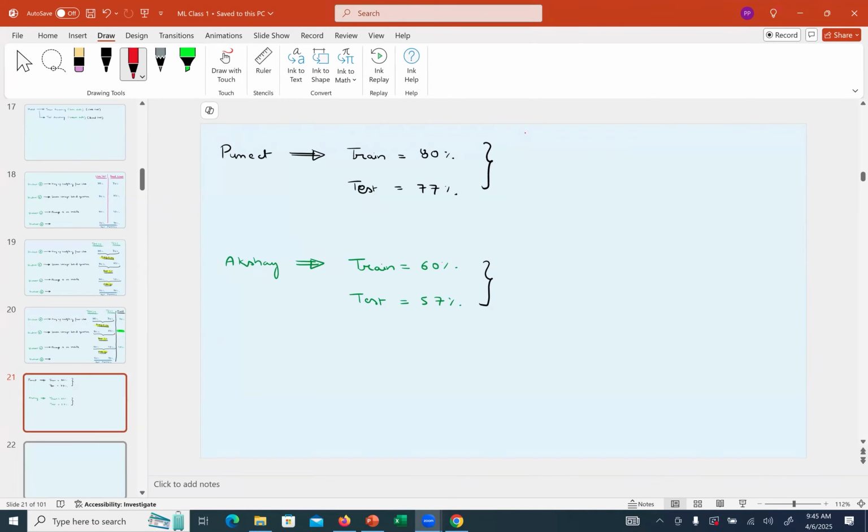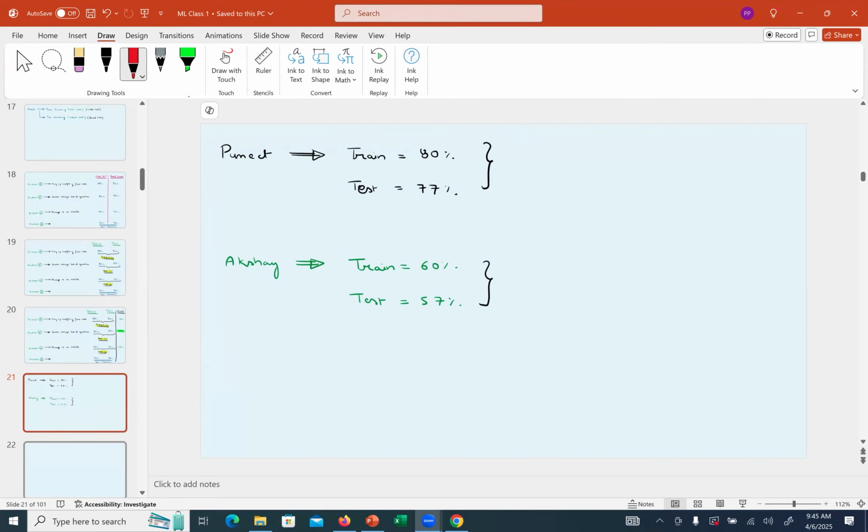We always want our model to be as accurate as possible. It also depends upon how much data we have fed to the model. Comparatively to Akshay's model, obviously it is better. Yeah, okay.